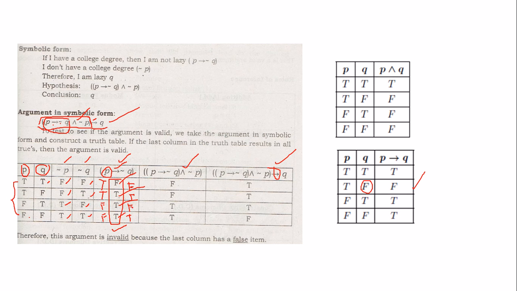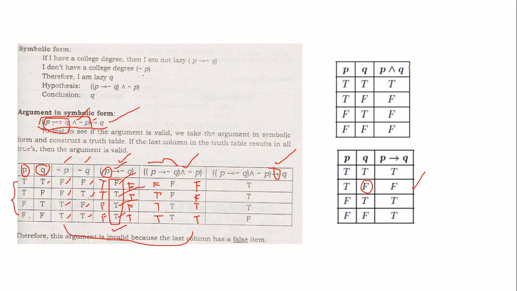Next, we go to the conjunction. This statement comes first, so I will write this again: F, T, T, T from the previous table. And not P will be F, F, true, true.